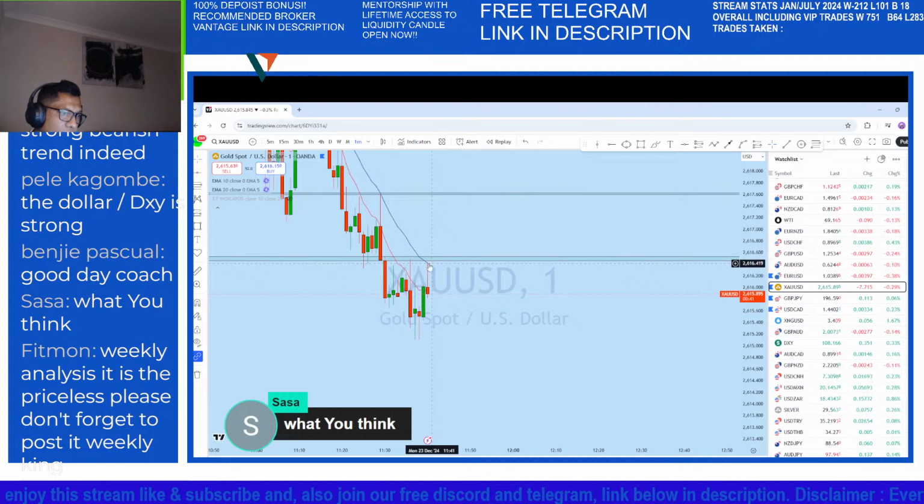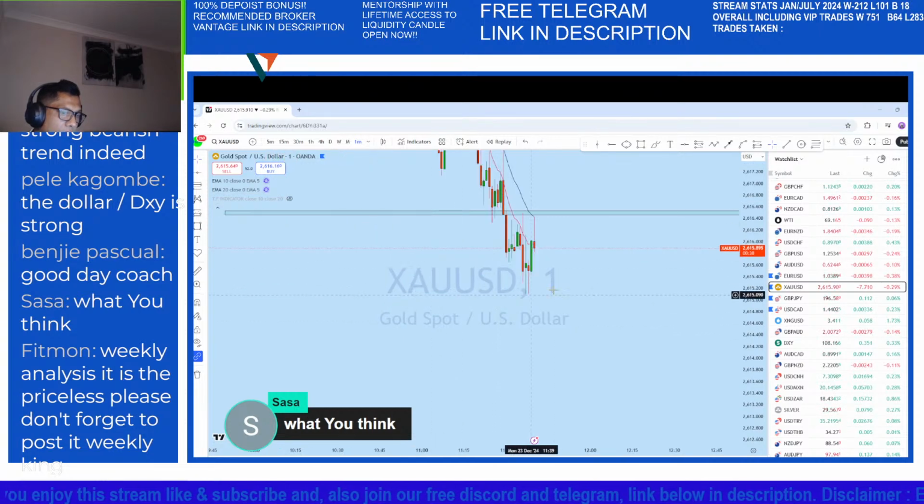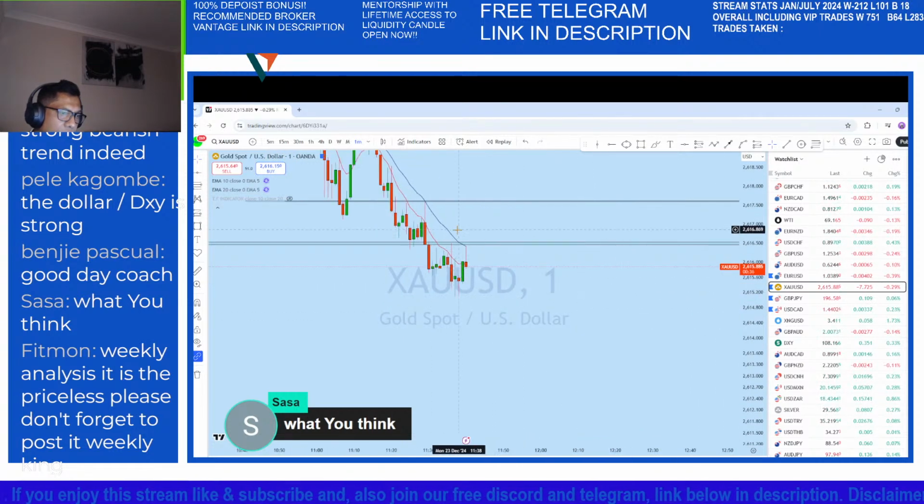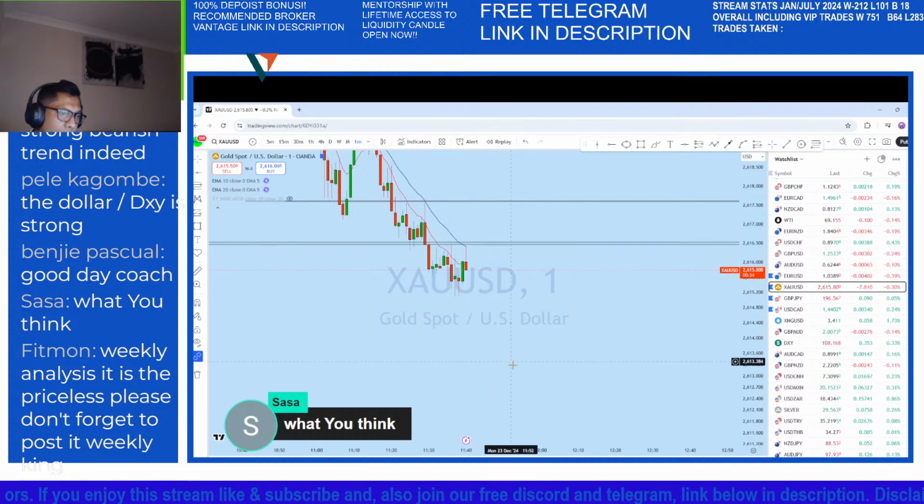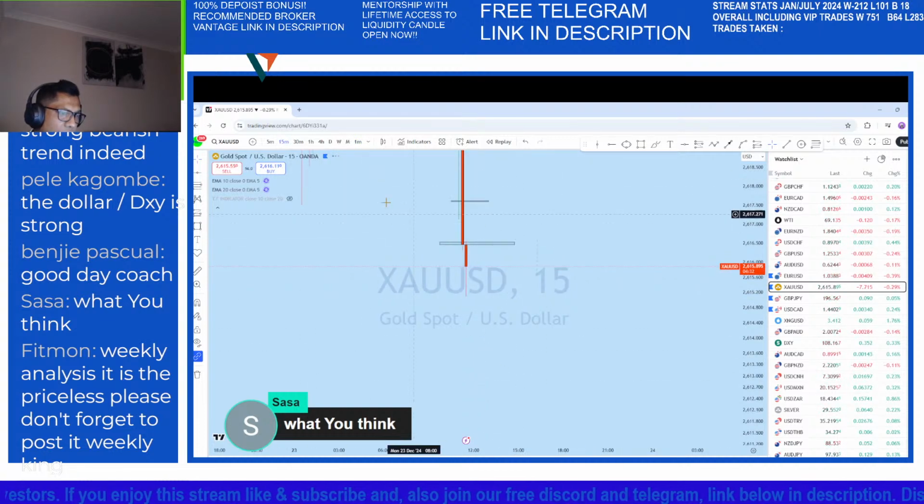Okay, so you can see a doji, and with that candle formation, expecting for the market to trend in the direction. We'll see how far it might be heading to.